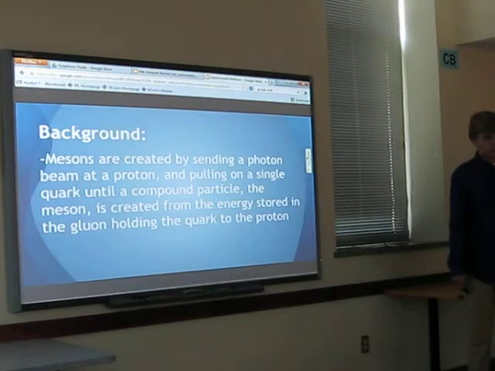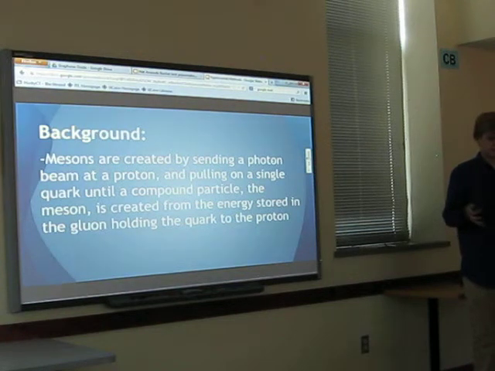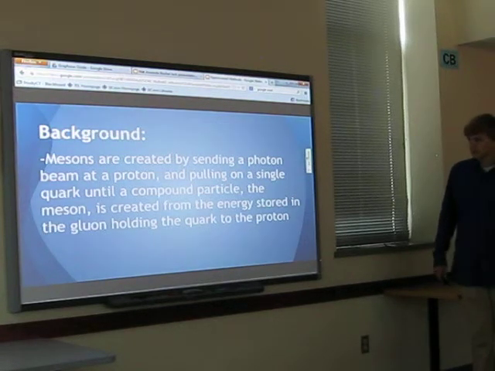So Suki was talking about these exotic mesons, which we don't know if they exist, but if we do find one, we'd like to be able to recreate it so that we can confirm that it is in fact real.